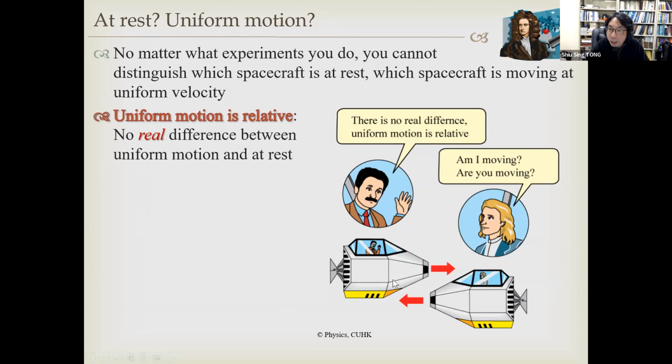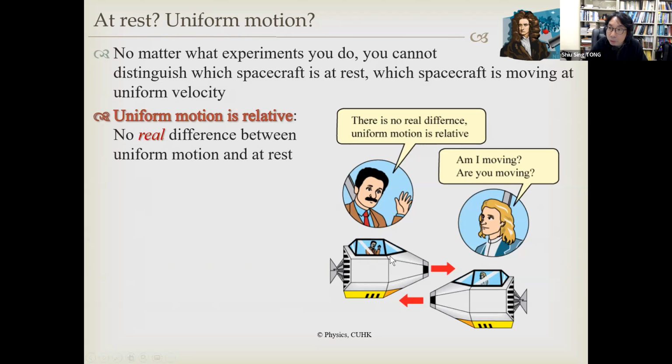So there's no method for Einstein or for Newton to distinguish which spacecraft is moving and which spacecraft is at rest. So that means what? That means uniform motion is relative. There's actually no real difference between uniform motion and being at rest. In the reference frame of Newton, he will see he's at rest, but Einstein is moving at uniform velocity.